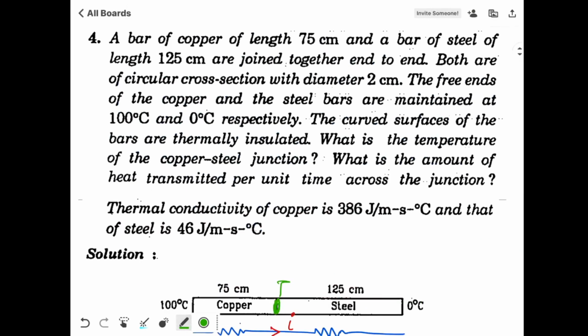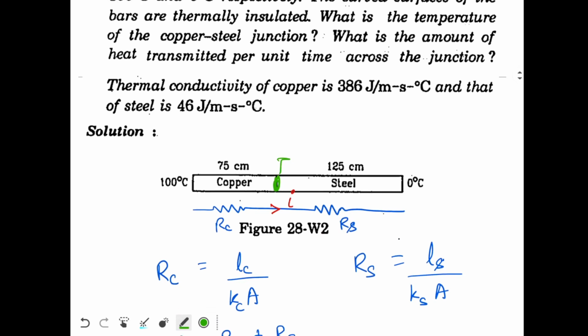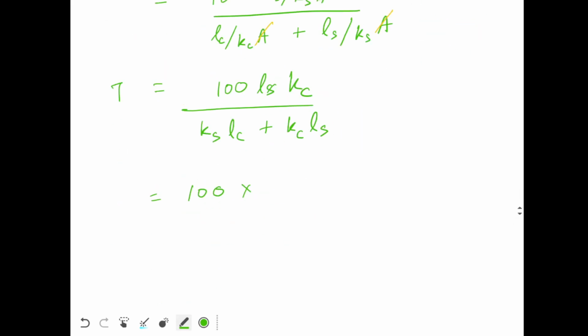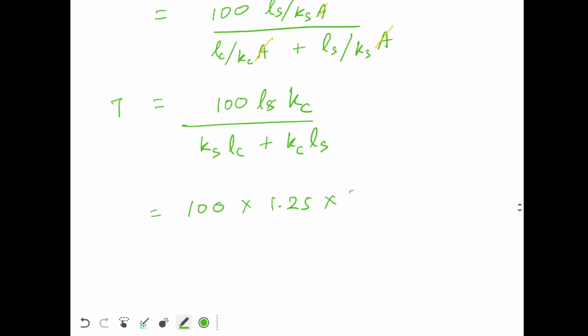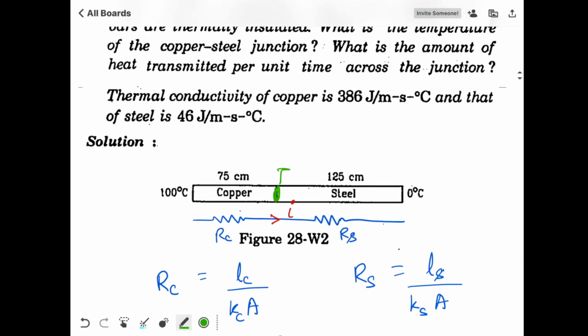Now just put the values and you can find the temperature T. So length of steel is 125 centimeter, which means 1.25 meter. Length of copper is 75 centimeter. Thermal conductivity of copper Kc is 386 in SI units, divided by conductivity of steel 46.